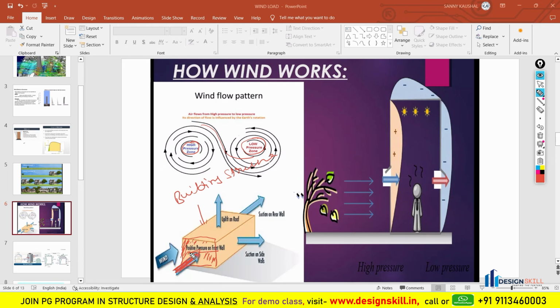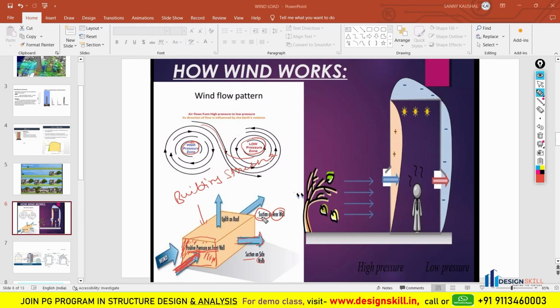Now if the positive pressure is created on this front wall, then at the rear wall a suction is created, and also suction will be created on the side wall. Here also you will find that this suction is getting created. So if the positive pressure is created here, then negative pressure is created.